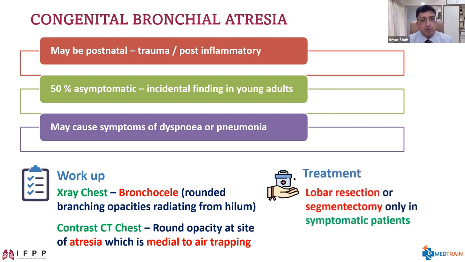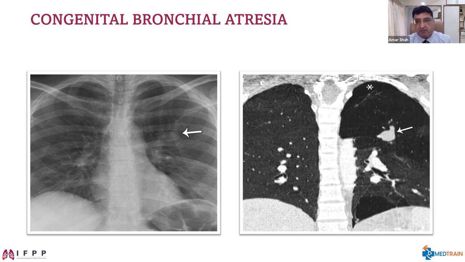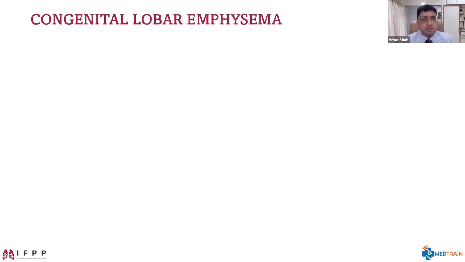Treatment includes lobar resection or a segmentectomy, but it is offered only in patients who are symptomatic. This is the X-ray showing a bronchocele, and a CT scan which again confirms this pathology of congenital bronchial atresia.